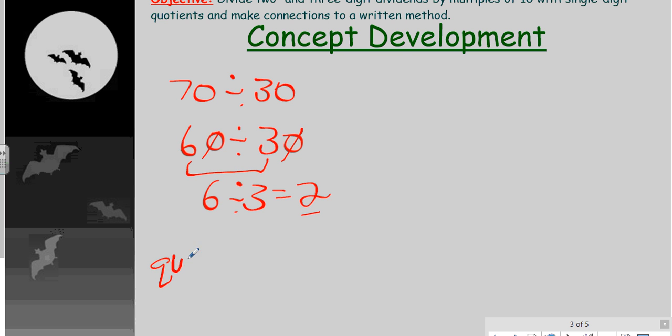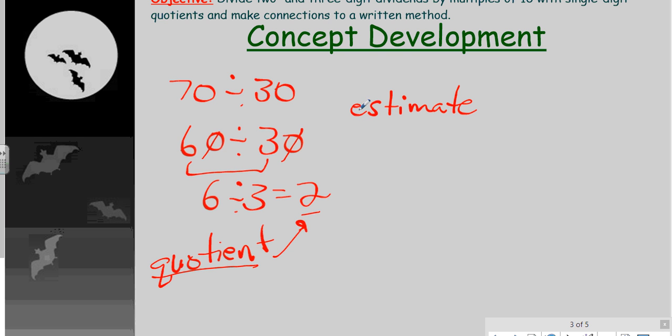Remember, a quotient is the answer to a division problem. So this is what our estimated quotient is. It's not the actual answer. Okay, so now we can go back and look at this and think, well, this is basically what we did. Let me do this so this will make sense to you.